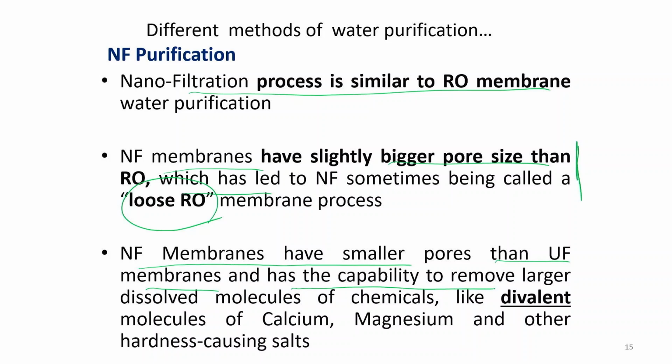It has the capability to remove larger dissolved molecules. Like RO, it can remove even the smaller dissolved minerals, but any larger dissolved chemicals that the ultrafilter can remove include divalent molecules of calcium, magnesium, or other hardness-causing salts.